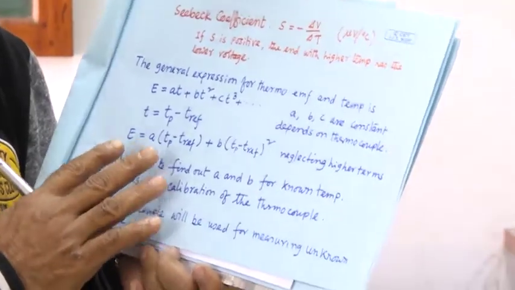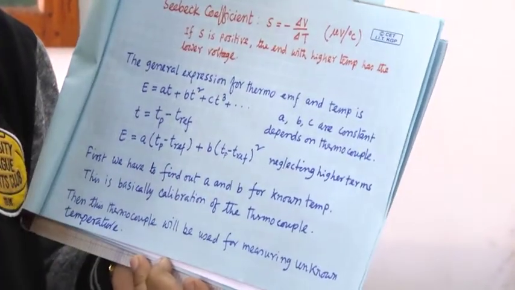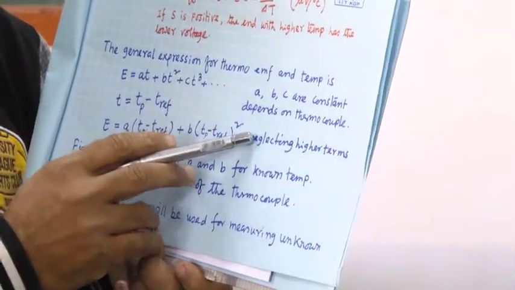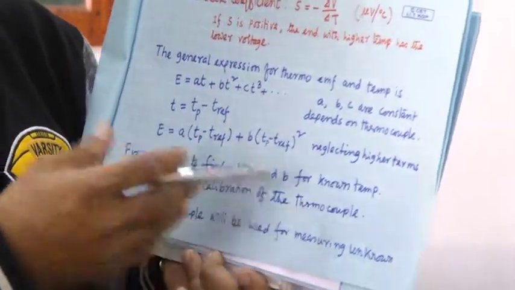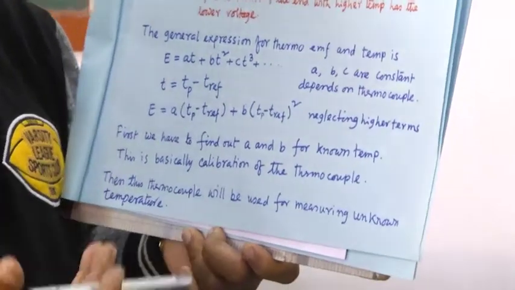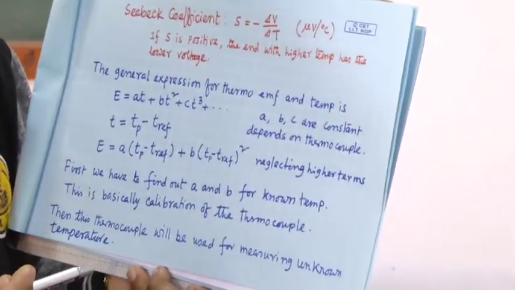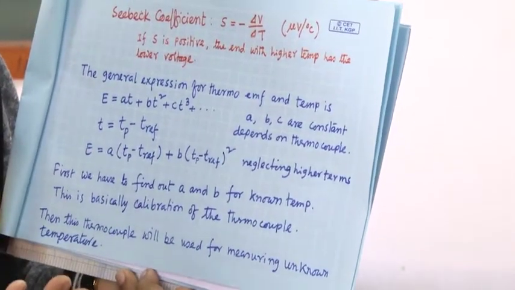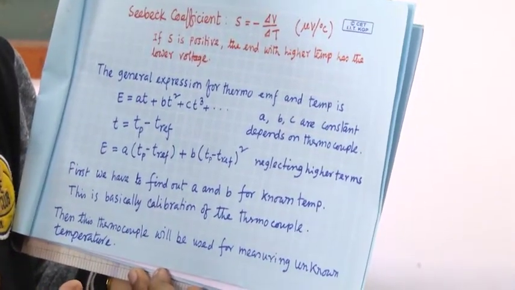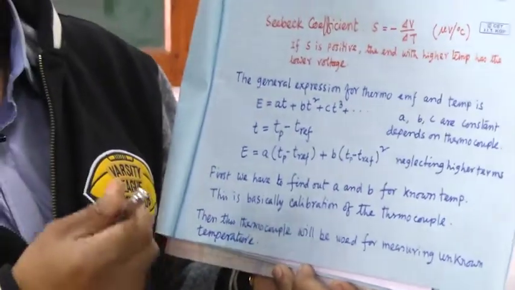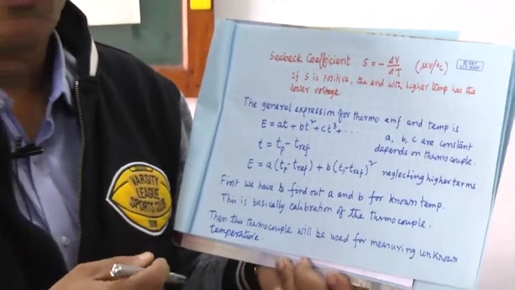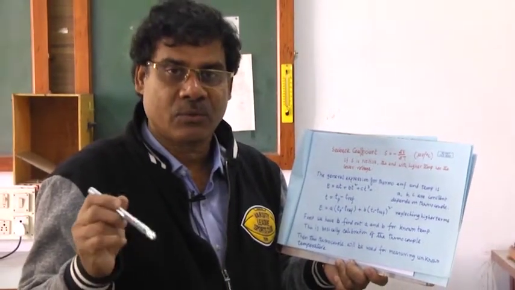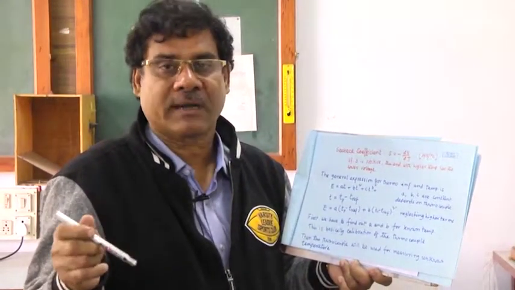Another way one can do the experiment: one junction I will keep in ice, another junction I will keep in water. Now, I will heat the water and its temperature will change. I have to use a standard thermometer or another thermocouple to know the hot water temperature.